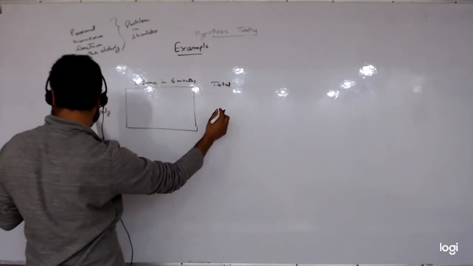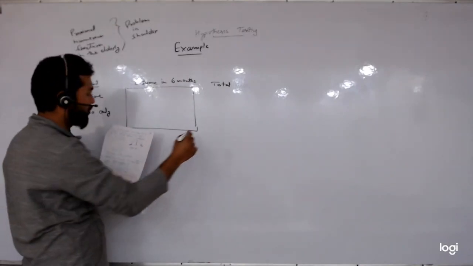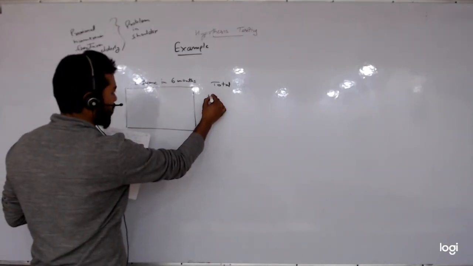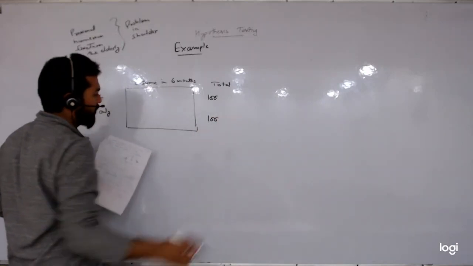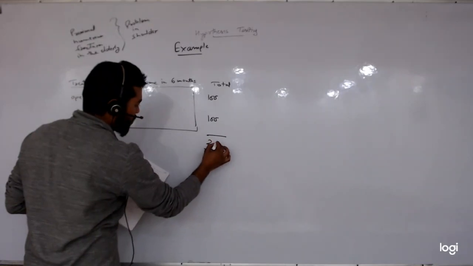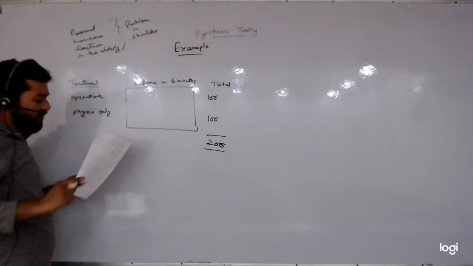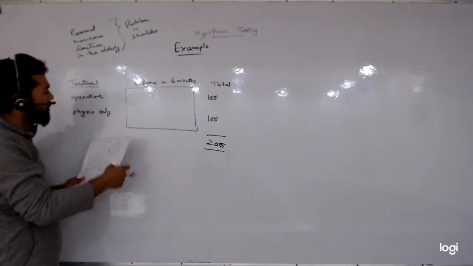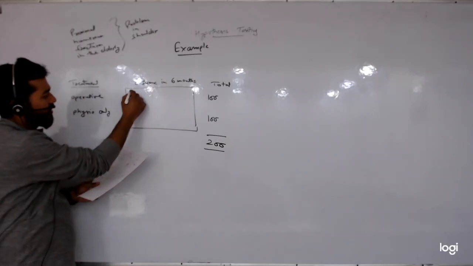We have data on 200 elderly people who've gone through treatment. 100 of them have gone through operative treatment and 100 have gone through physio only treatment. So we have total of 200 people.